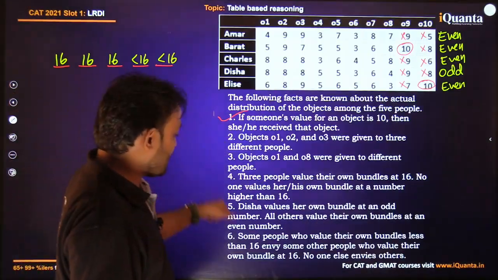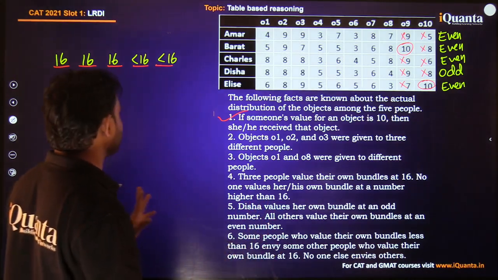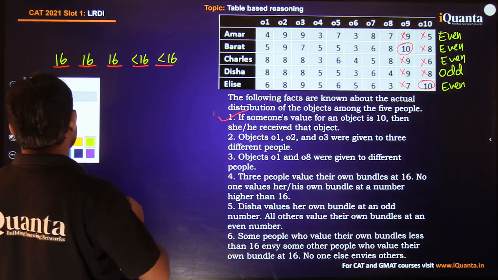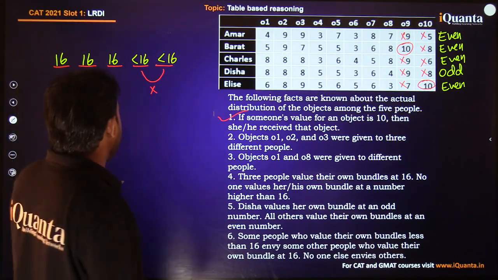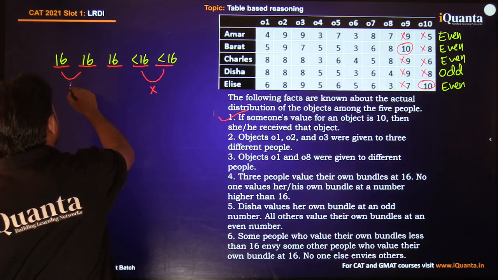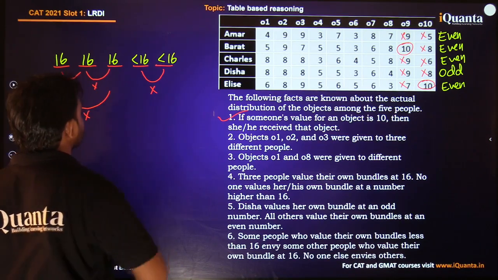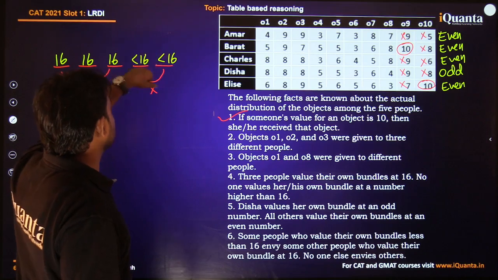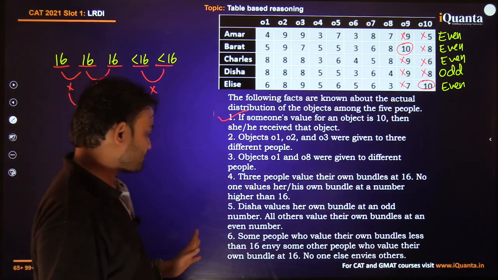Taking this, it says these two do not envy each other, and any of these two also do not envy each other, but these two will envy these three. I hope this is clear.